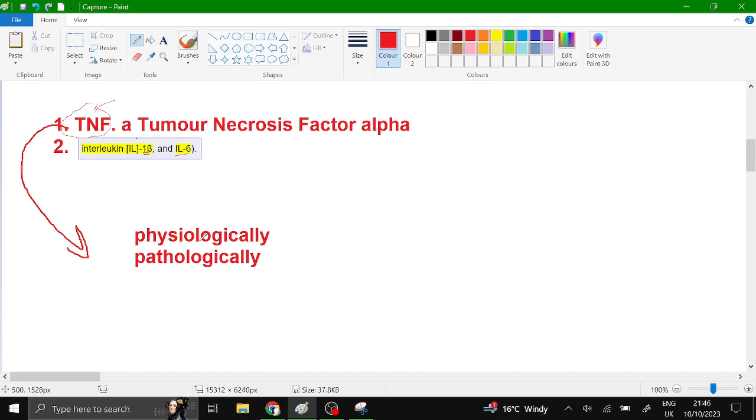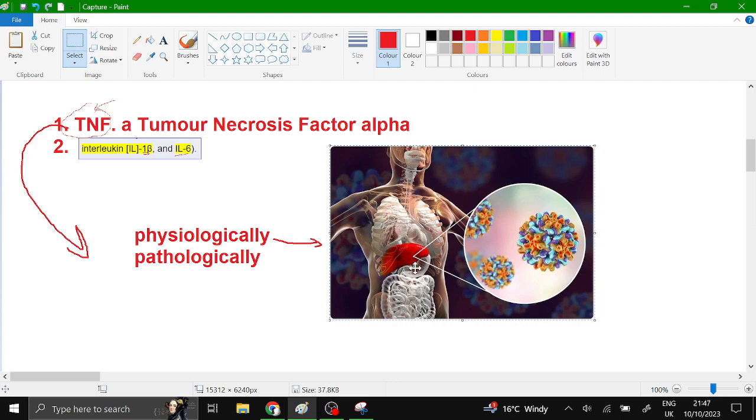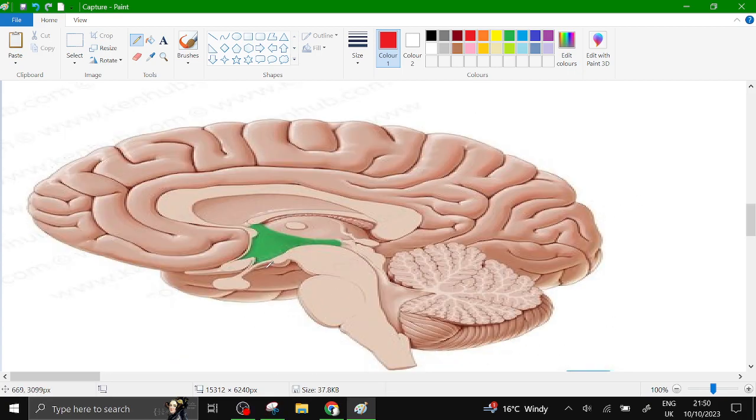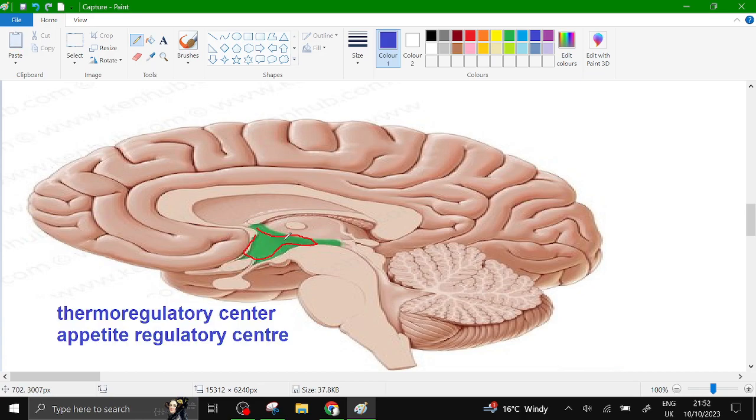It's produced in the body physiologically and pathologically. Normally, when you have any infection in the body, the macrophages produce tumor necrosis factor alpha, and the TNF will go to the hypothalamus. In the hypothalamus there are a few centers.